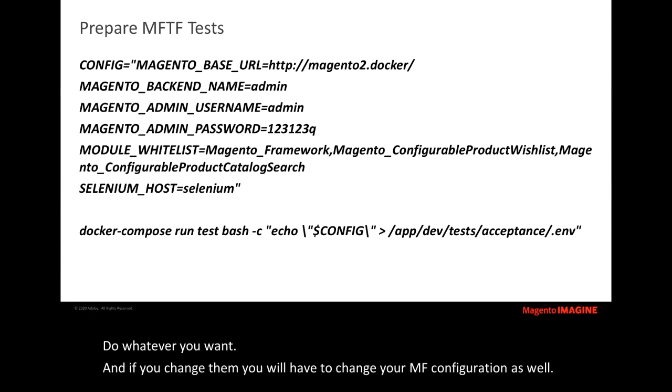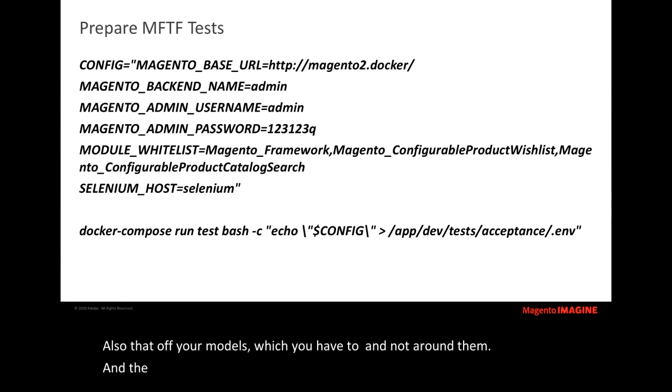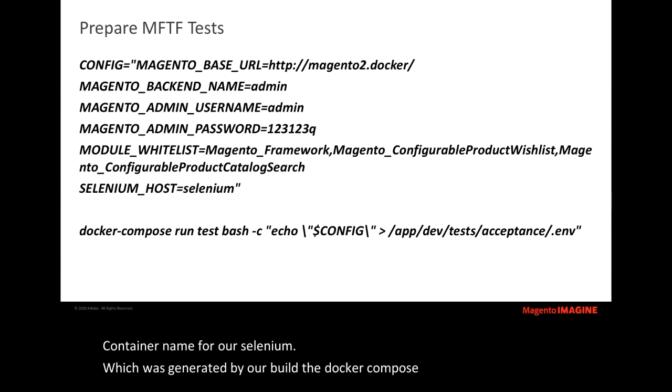Also, there are a few modules which you'll have to whitelist so MFTF does not run around them. And the last one is the Selenium host. Here we pass the container name for our Selenium, which was generated by our build Docker Compose, and the container name is by default Selenium.